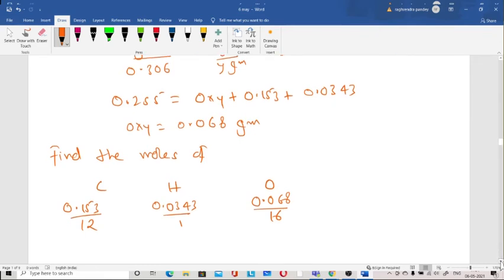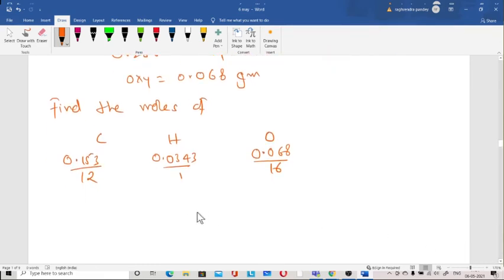So moles of carbon is 0.0128. 0.0343 is your moles of hydrogen. Oxygen is very less here, 0.0043 moles of oxygen.